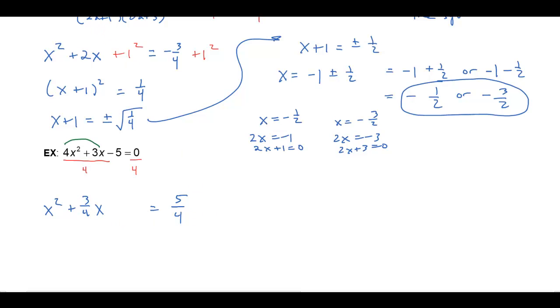What you want to do is just come over here on the side and just think, well, half of 3/4 squared. In fact, that's all you have to write here. Just take half of 3/4 squared. And if you do it to this side, then you want to do it to the other side as well. So that's going to be 3/8 squared that I'm adding to both sides.